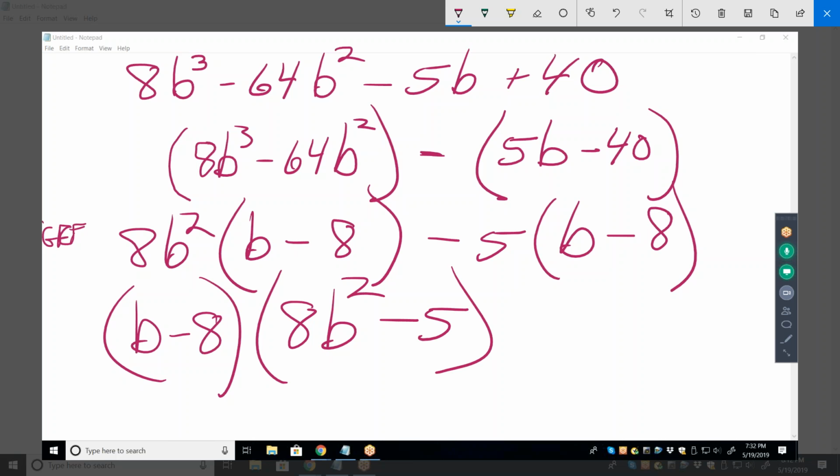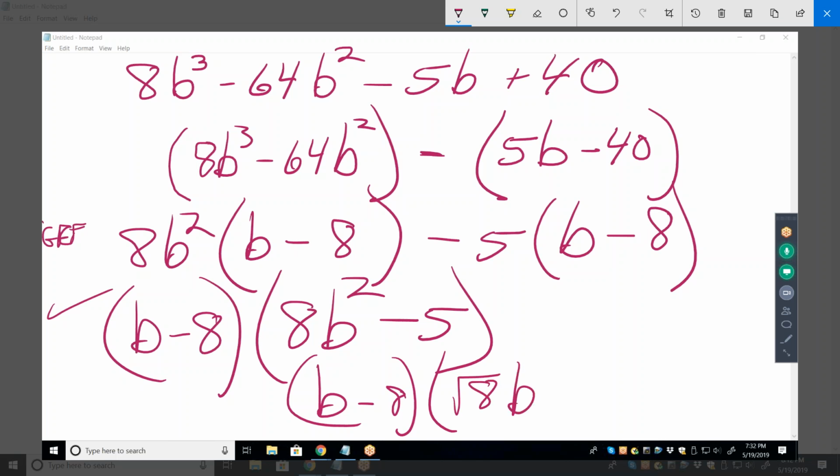And I'm just going to tell you, this is the answer they're looking for, but I could also write it, I could factor this second one. It's not difference of perfect squares, but surprise, surprise, you don't need difference of perfect squares. They just have to be difference. Even though all these years they've taught you that it has to be difference of perfect squares, it does not have to be perfect squares.